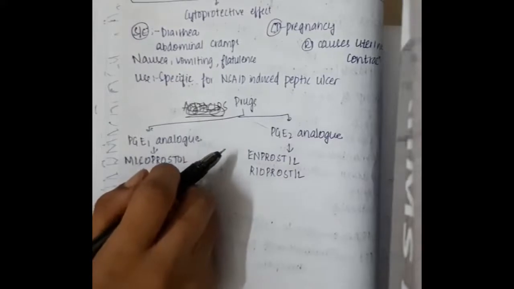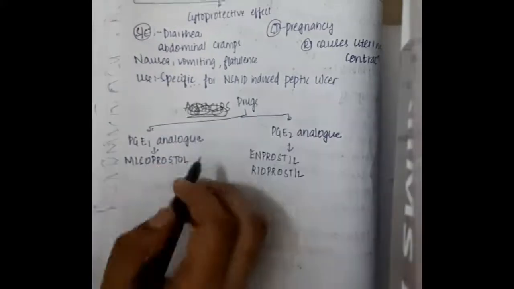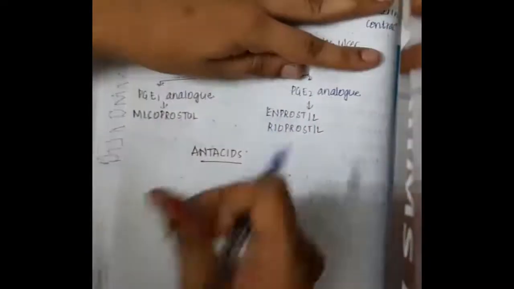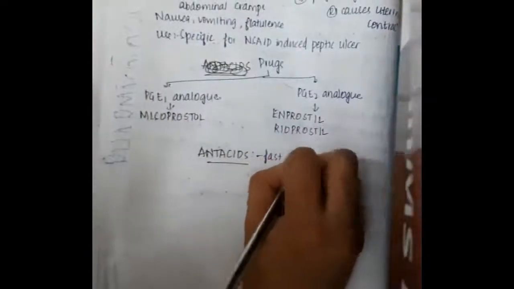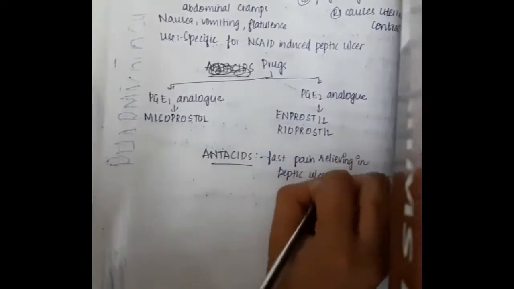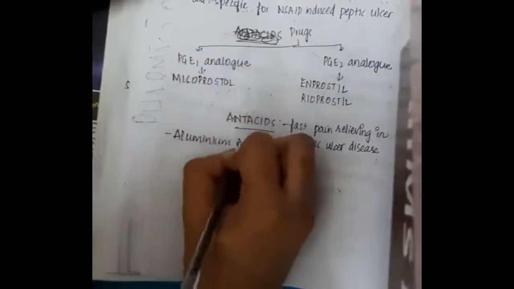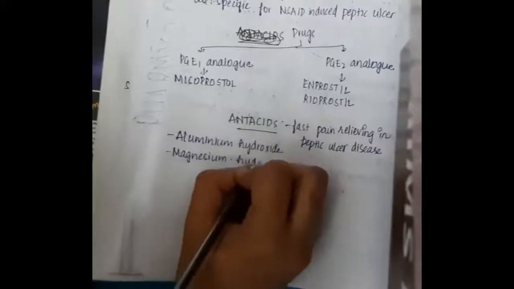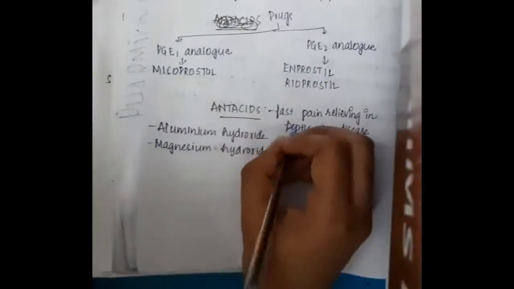Then we have to learn about the next important group of drugs, which are antacids. Antacids cause fast pain relief in peptic ulcer disease. The drugs used as antacids are aluminium hydroxide and magnesium hydroxide.